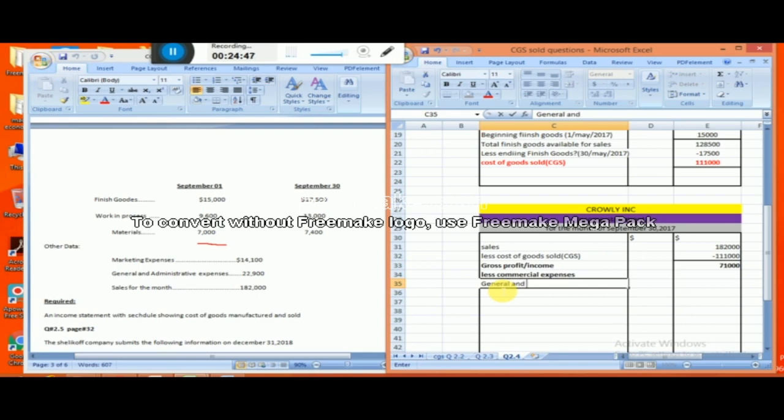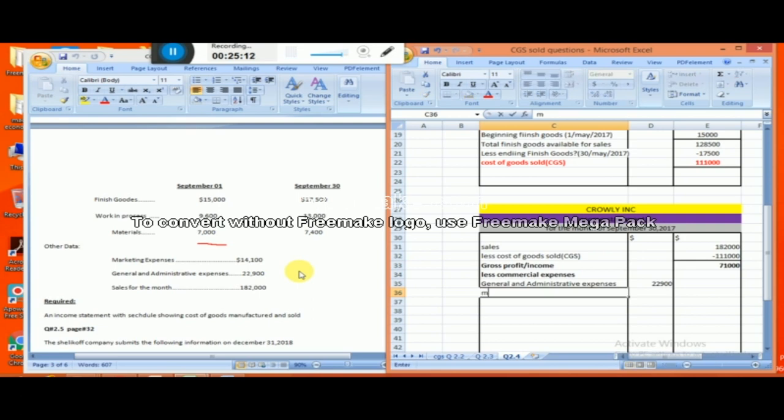General and administrative expenses are given in the question, 22,900. I will write this in the inner column.